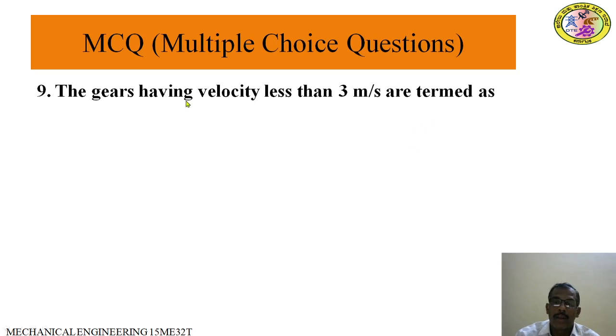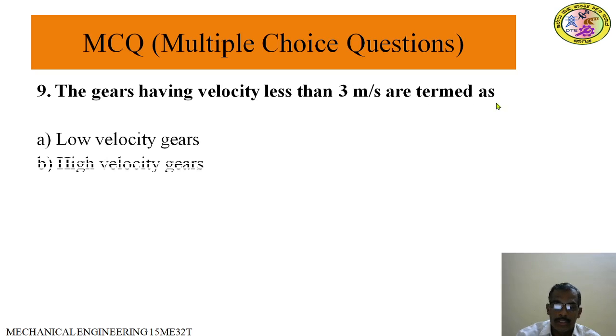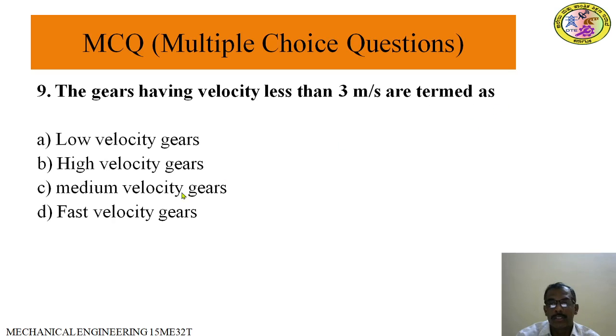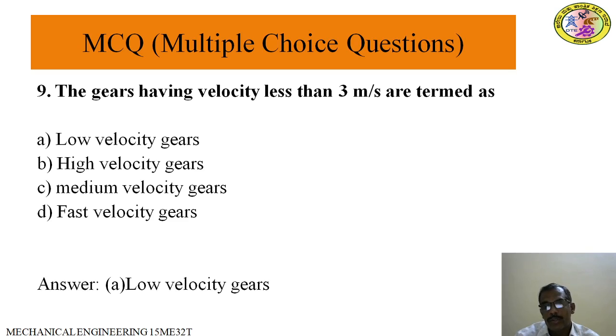The gears having velocity less than 3 meter per second are termed as: low velocity gears, high velocity gears, medium velocity gears, and fast velocity gears? The right answer is A, low velocity gears. Here, velocity less than 3 meter per second.